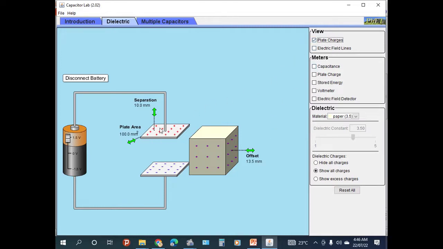Therefore this one is a positive plate and negative plate of a capacitor. The potential difference supplied into the circuit is 1.5 volts, with a positive plate here and a negative plate here.